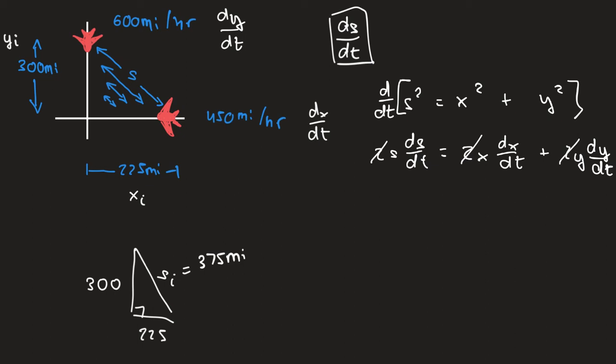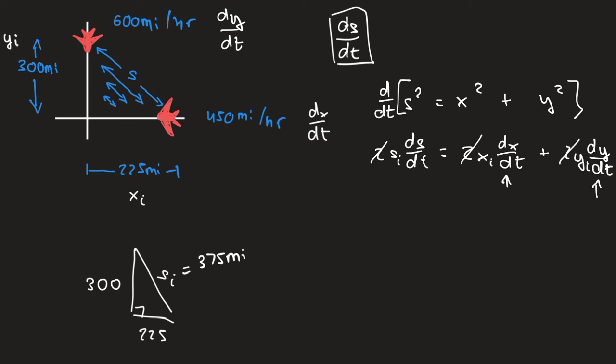So now this should look similar. We have s initial, we have x initial, and we have the y initial value. We also have the rate of x, which is this, and we have the rate of y, which is that.